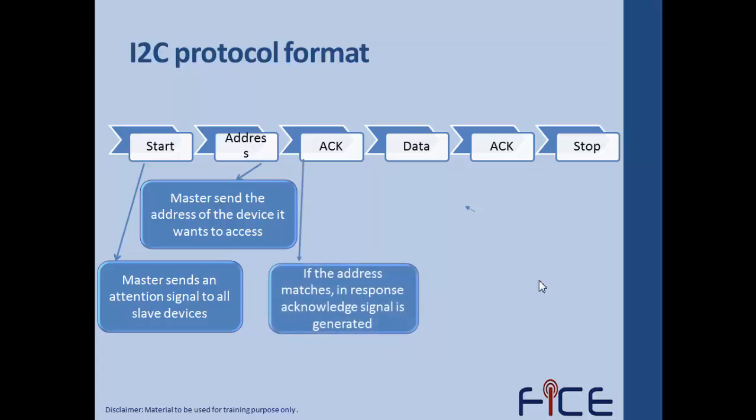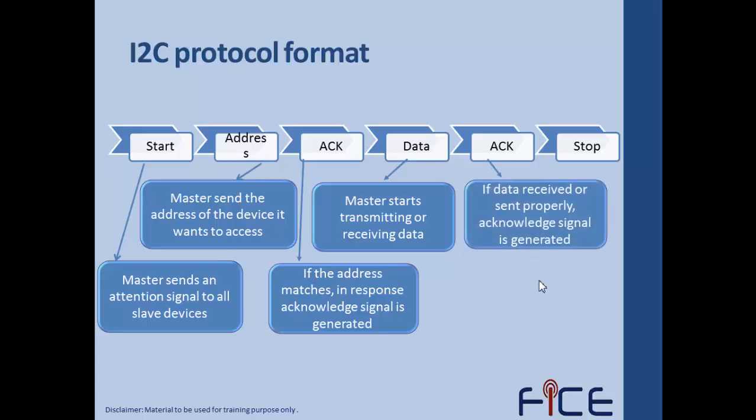Once the address of that particular device matches, an acknowledge signal is generated in response and the master starts transmitting or receiving the data. Once the data is received or sent properly, an acknowledgement signal is generated again, and after the data transfer succeeds, the master device generates a stop condition.